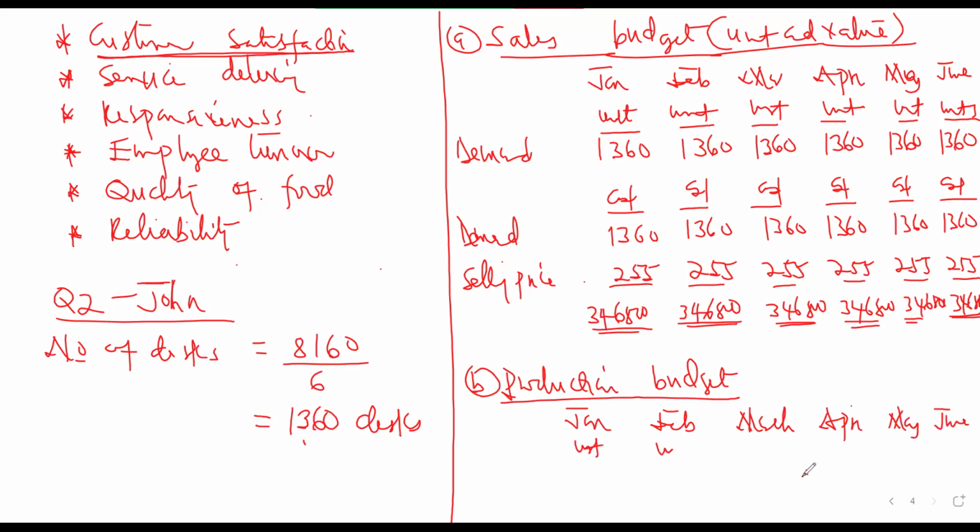Units, units, units. All things being equal, we should be producing 1360 every month, isn't it? Yes, sir. Okay, so we should be producing 1360 every month.